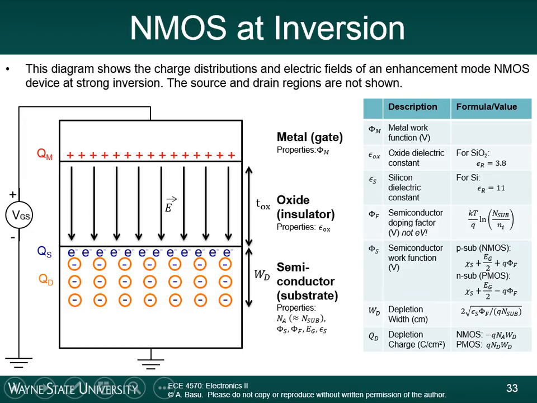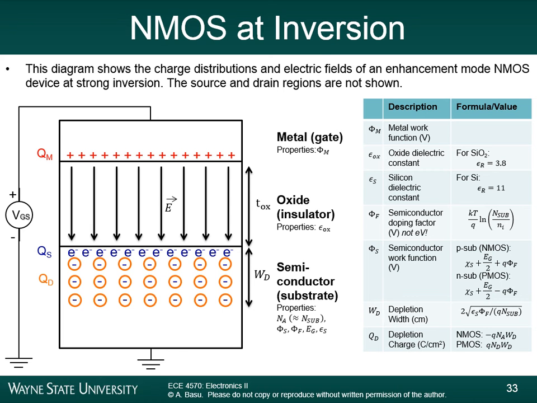This depletion charge happened because we put an electric field on the gate, and that electric field extends into the semiconductor substrate. It drives away the holes, it brings in the electrons, but when you drive away the holes, it leaves behind these negative charges. That's called the depletion charge there. So there is a depletion region that forms right underneath the gate in an NMOS device.